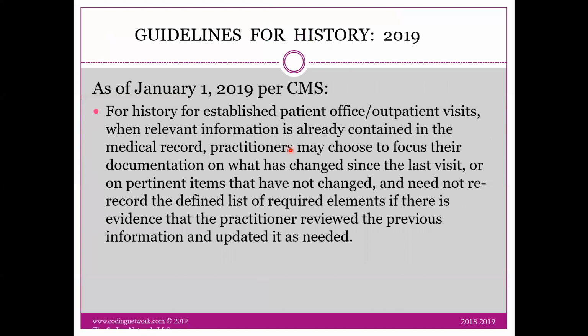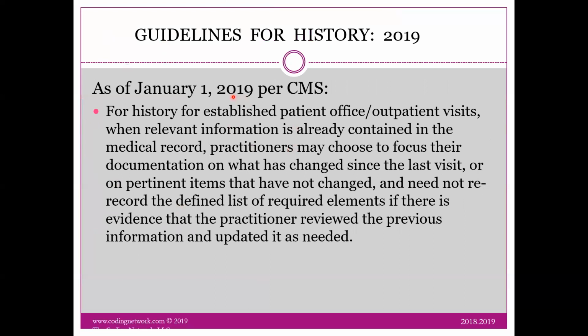And then, of course, based on that, CMS realizes that they are trying to relax the standards a little bit, knowing, and they've heard from the providers, believe me, that the E&M guidelines are way too complex.